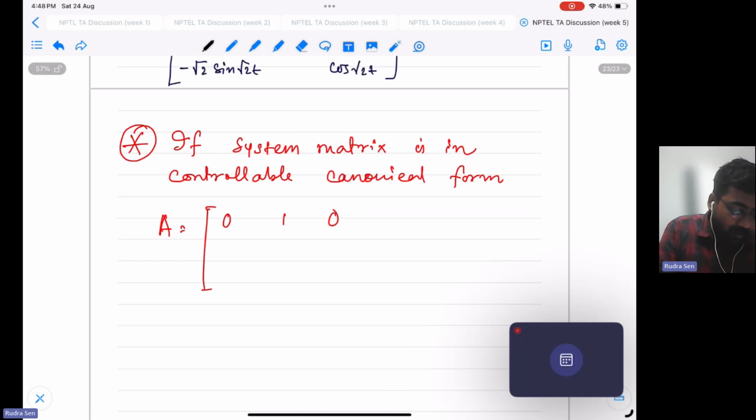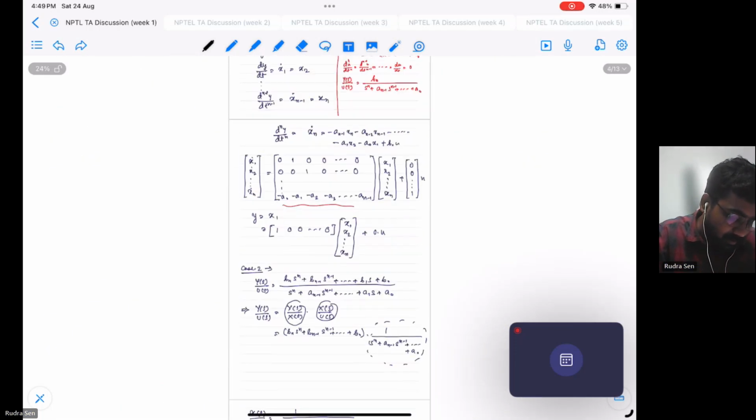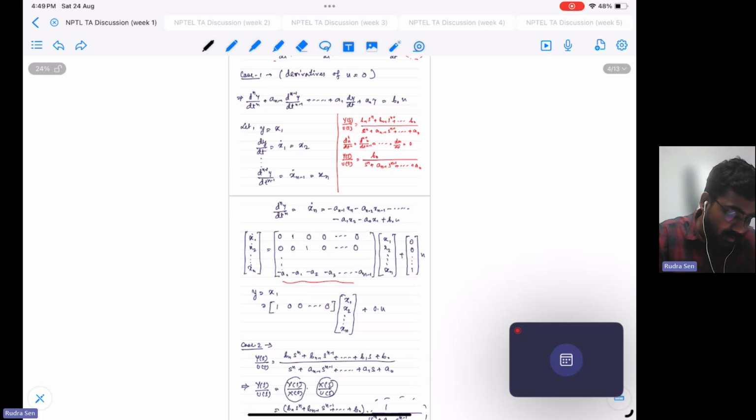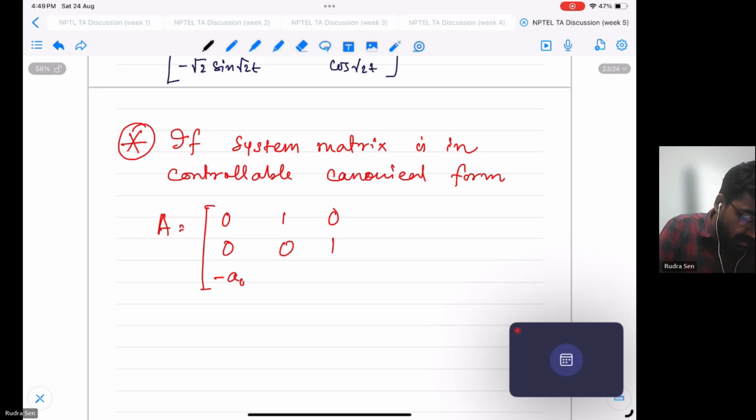I'm taking only 3 cross 3. What is the controllable canonical form? Yes, it's minus a0, minus a1, minus a2.